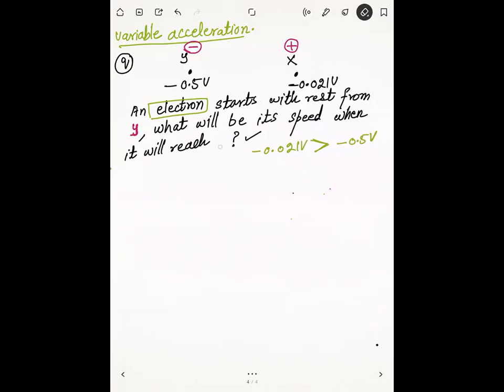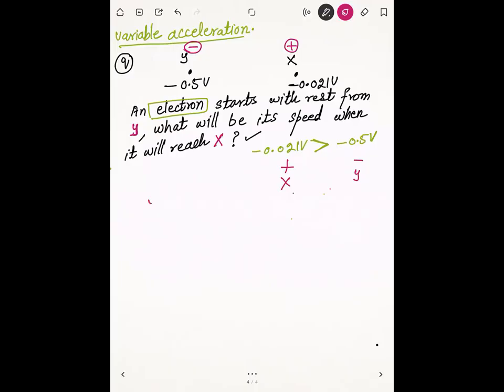The question should be the other way around, because the values of potential suggest that X is positive. So please change the question. Electron starts with rest from Y. What would be its speed at X? Because X is a relatively positive point and Y is a relatively negative point. So electron is moving from Y to X.